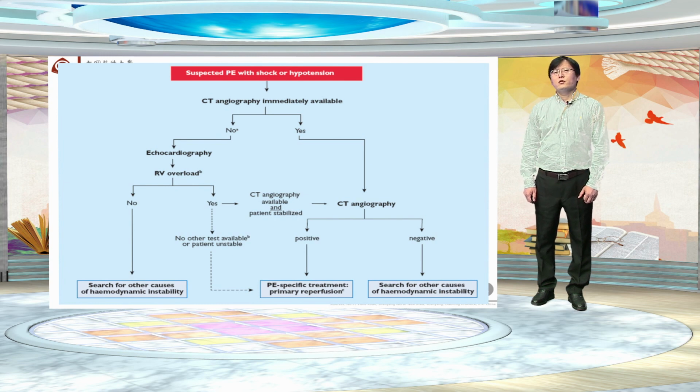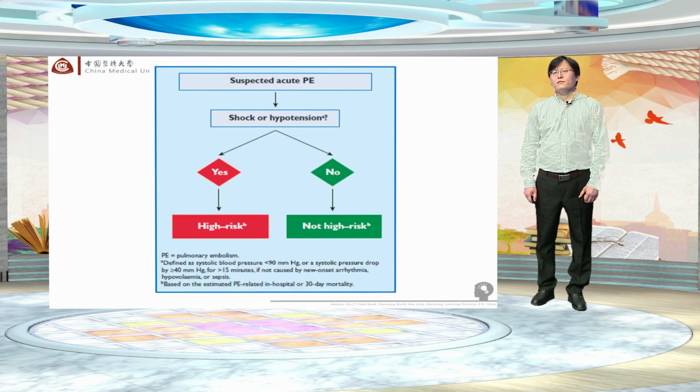If the patient doesn't have right ventricle overload, then we need to search for other causes of hemodynamic instability. If the answer is yes, we need no other tests, and if the patient is unstable, we can treat this patient directly. If the patient is stable now, we can do the CT angiography to confirm the diagnosis.